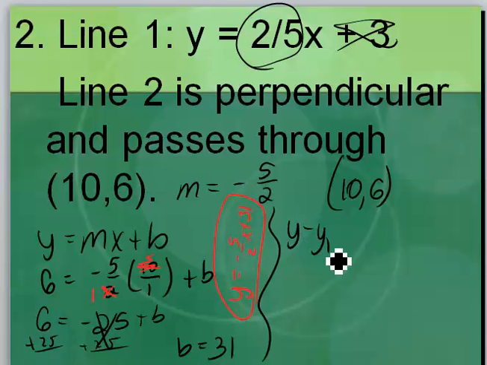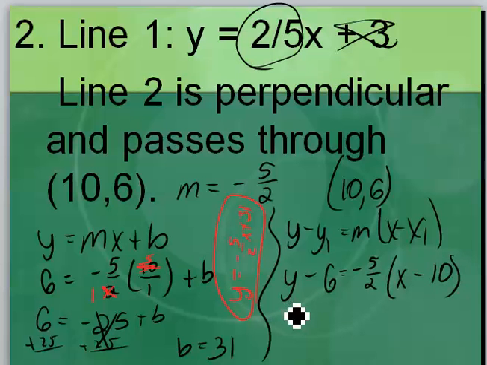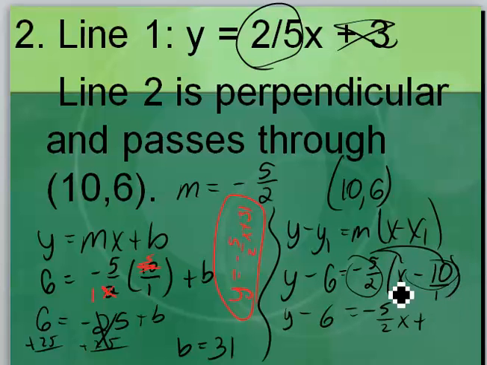Using point slope form, the first y stays a letter. The second one is 6, the y value from the point. Our slope is -5/2. The first x stays a letter, and the x sub 1 is the x from the given point, 10. So y minus 6 equals, and we're going to distribute, we'll have -5/2 x. When we multiply this negative times the minus, it turns into a plus. 5/2 times 10.